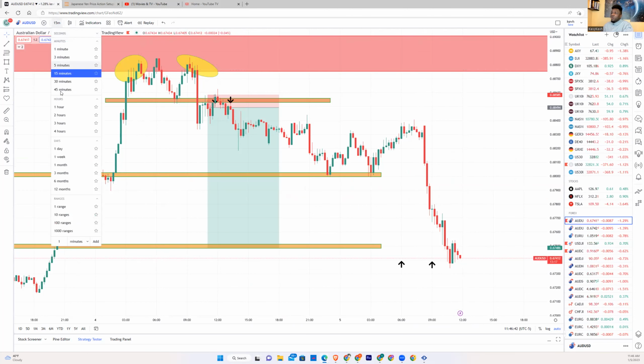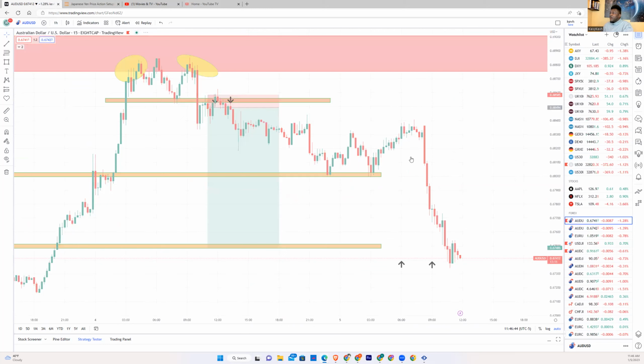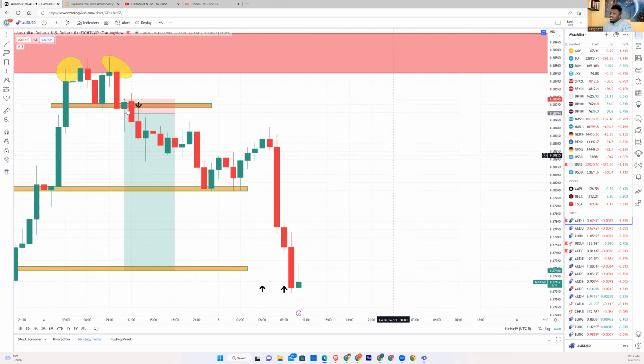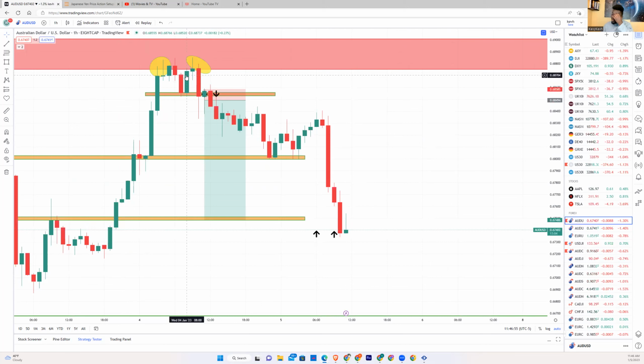Looks like a double top on the 1 hour, but we were able to catch that move, waited for the market to retrace back to the neckline right here. And that's what I'm going to be going over: how to trade after market reversal patterns, okay?